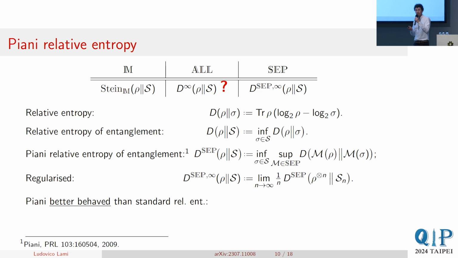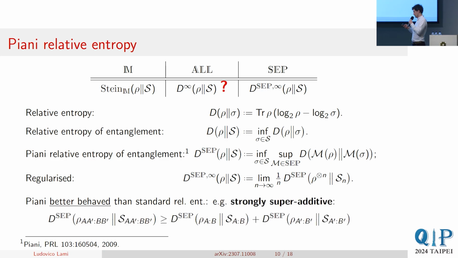For example, it obeys a crucial property that's very useful in several cases, which is strong superadditivity, meaning that if you compute the entanglement of a four-partite state, Alice, Alice prime, Bob, Bob prime, with respect to this measure, see this is an entanglement measure, then the entanglement content of this four-partite state turns out to be larger than the sum of the entanglement contents of the reduced state on Alice Bob and the reduced state on Alice prime, Bob prime.